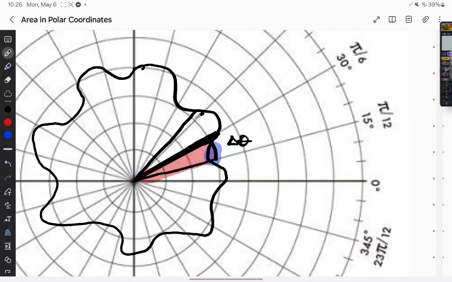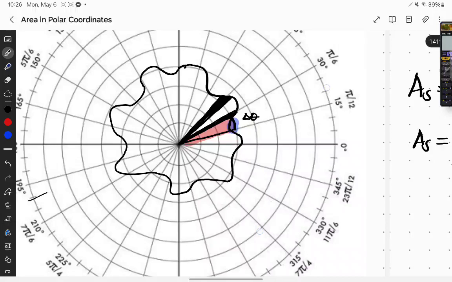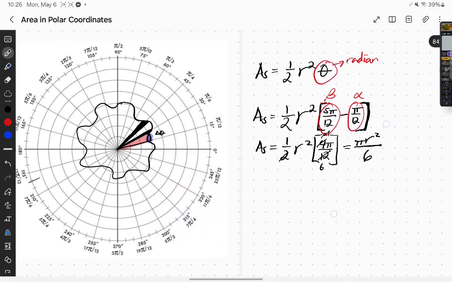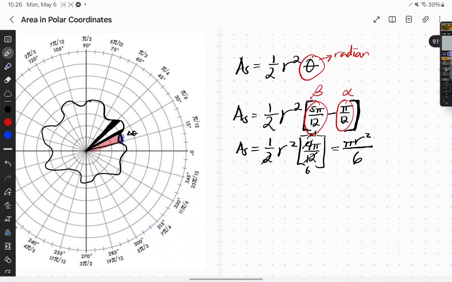Now, if we add these small sectors at any point of the circle, at any radius of the polar curve, we can approximate the area of the polar curve.